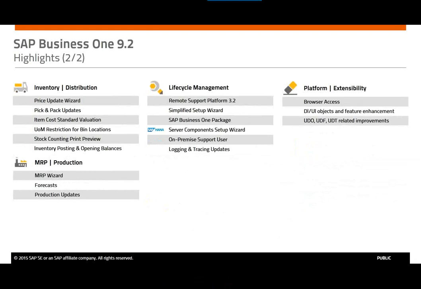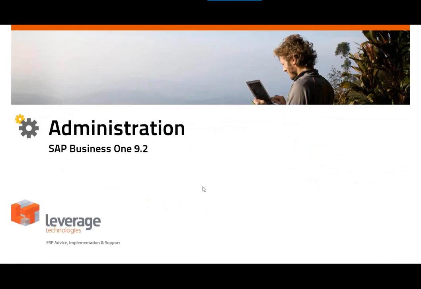There's been some work done around that, as well as around the user-defined objects, user-defined fields, and user-defined tables. So that's your acronym soup for today's session. That's your UDOs, UDFs, and UDTs. No UFOs, well, not yet anyway. But yeah, that's what those three acronyms are: user-defined objects, user-defined fields, and user-defined tables. So we're going to talk about that as well.